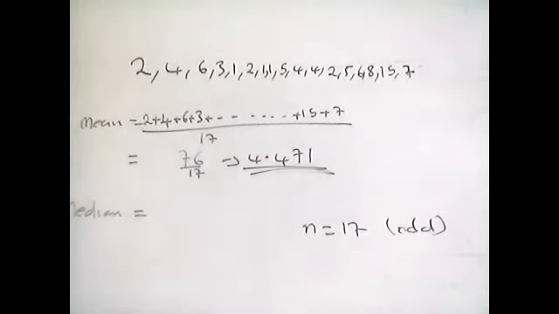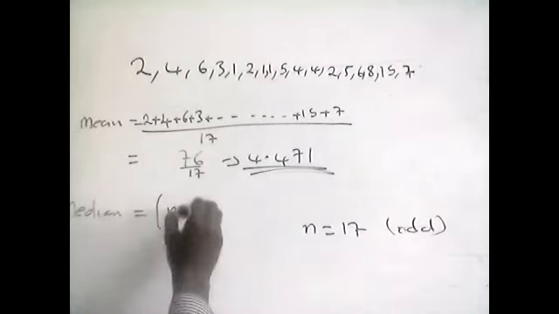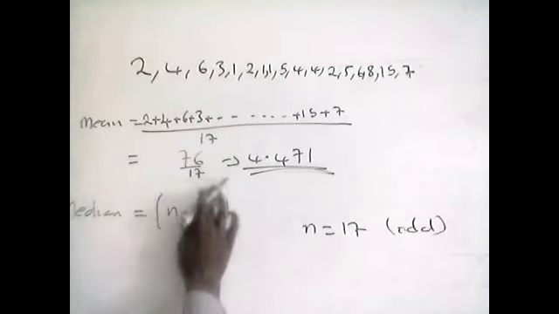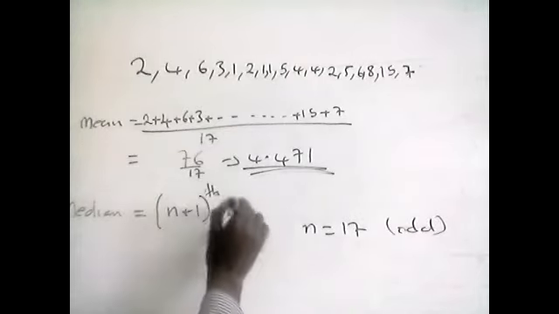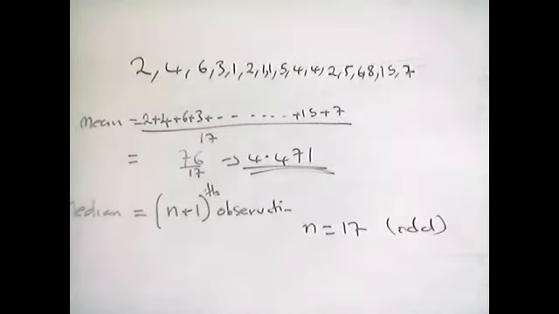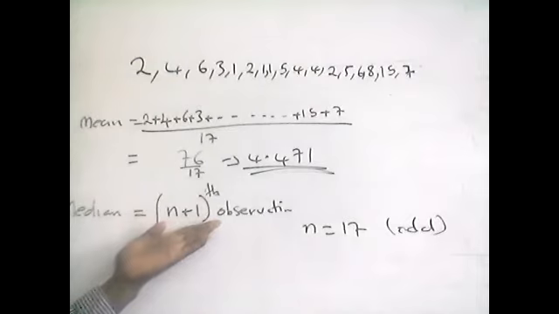Since 17 is odd, our median is given by that observation on a certain position. The value on this position is our median.